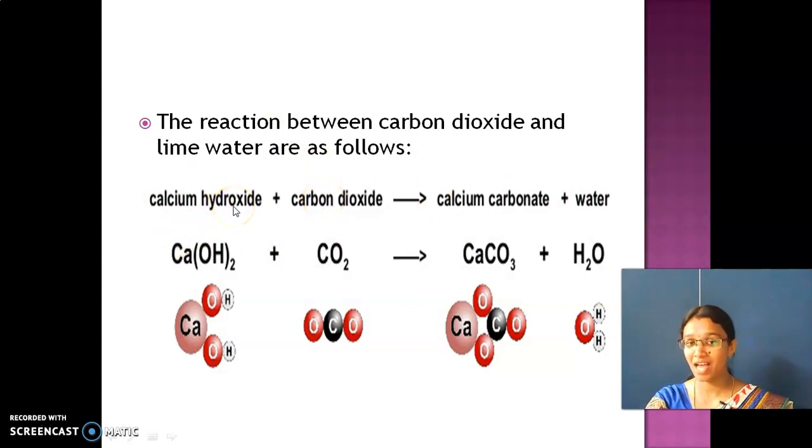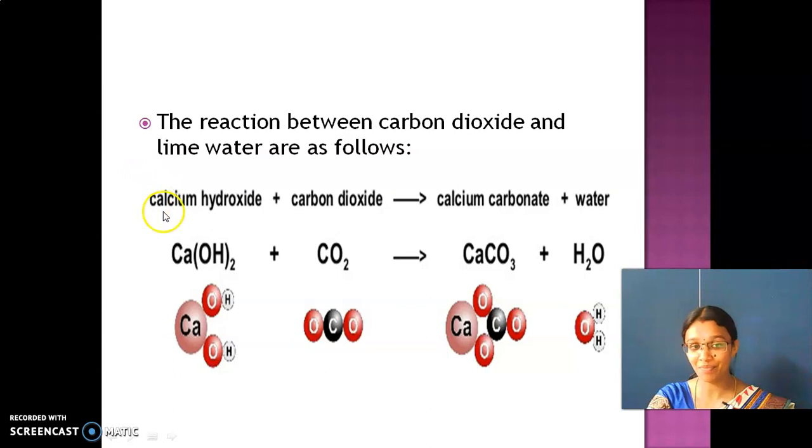Here we have OH and O. So what do we get? We get water, H2O, out of this reaction, and we get calcium carbonate. I'll explain, listen. The chemical formula for calcium hydroxide is Ca(OH)2.